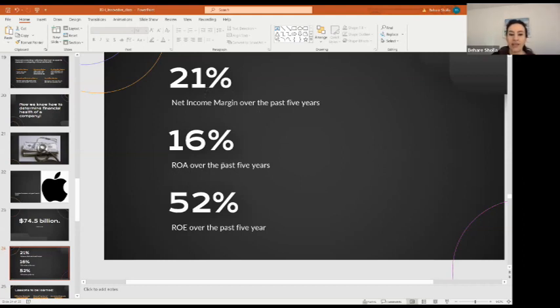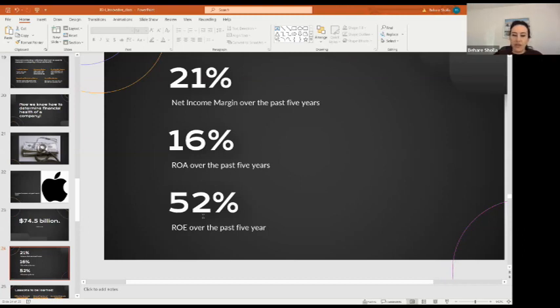Return on assets over the past 5 years is 16%, while the return on equity over the past 5 years is 52%. Well, this shows that the company not just has good net income, but also other indicators show that the overall financial health of Apple is good.